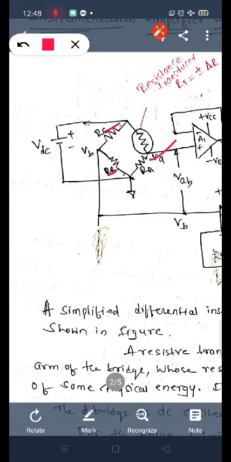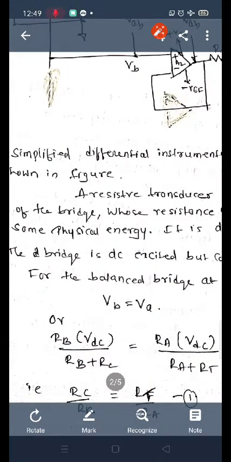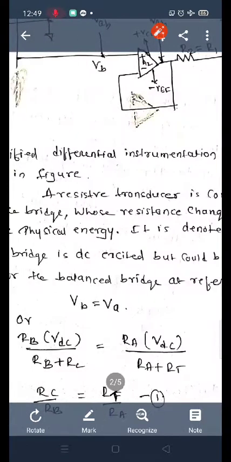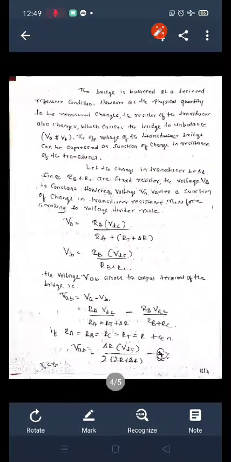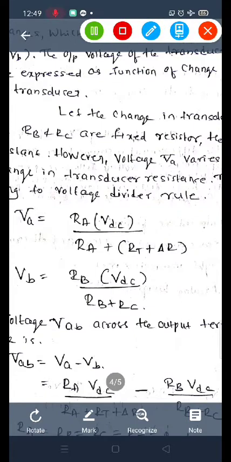Therefore, according to the voltage divider rule, the potential at VA becomes RA into VDC divided by RA plus RT plus delta R. Now there is an increment in the resistance that has been added to our equation.